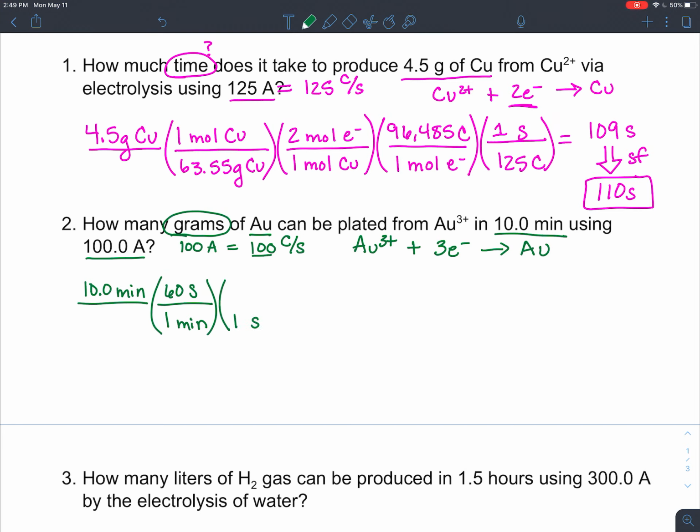For every 1 second, we know that there's 100 coulombs. For every 1 mole of electrons, we have 96,485 coulombs.